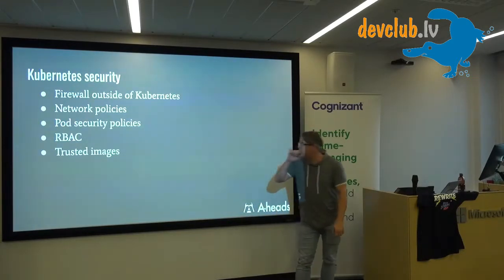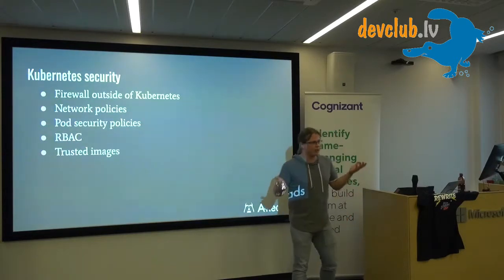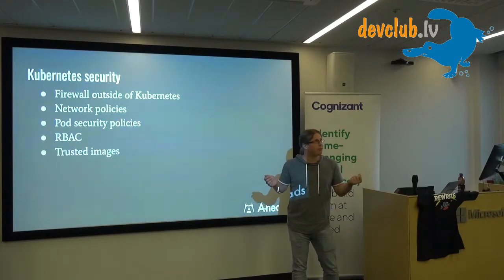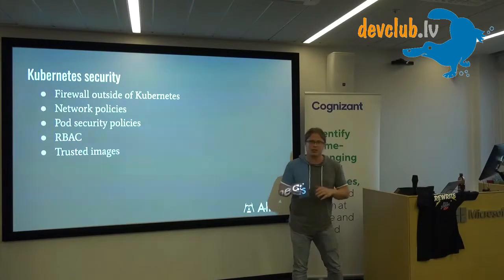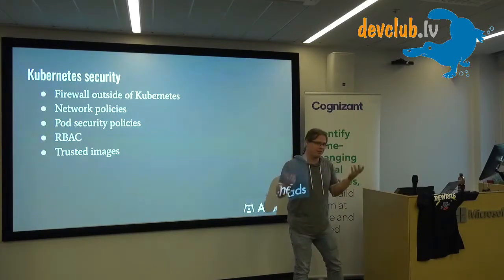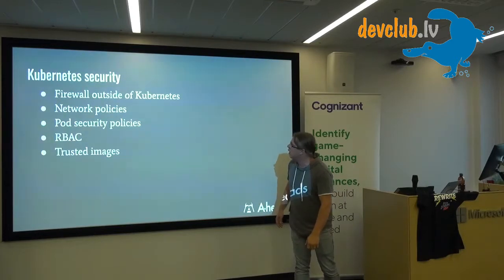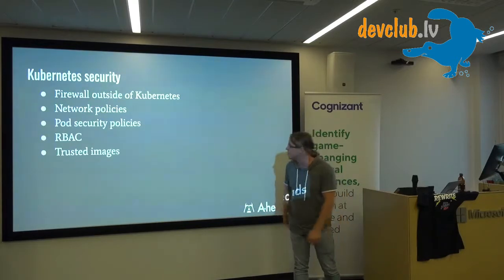Also we have to use pod security policies to not allow Kubernetes to launch containers, for instance, with access to host network, or to mount host directories in the container. And for sure we have to think about proper role-based access control.